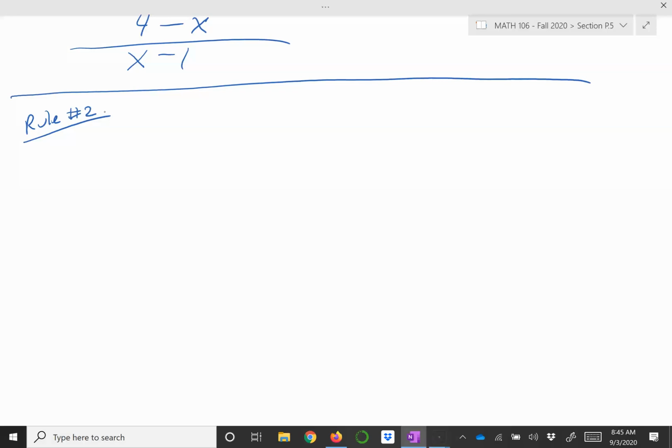Here's this rule. Now, if you had a over b plus c over d, can I just add the numerators in this case? You can't, right? Can't do it.